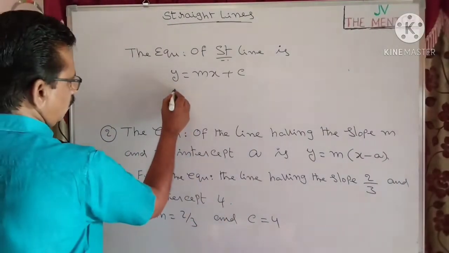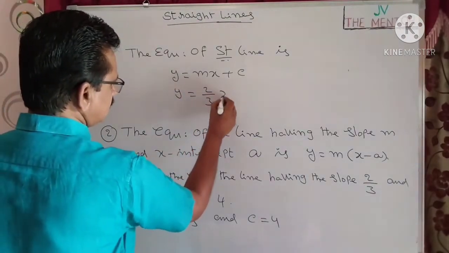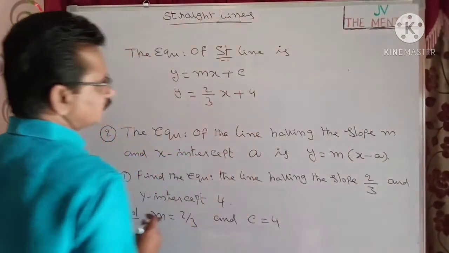y equal to 2 by 3 x plus y-intercept c value is 4.